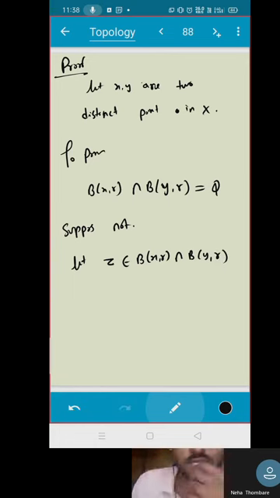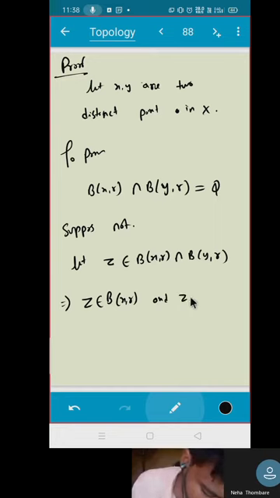What next? What can I write? That means z belongs to both the balls. It follows from the definition that z belongs to B(x,r) and z belongs to B(y,r). Is that clear, everyone? What do you mean by z belongs to B(x,r)?